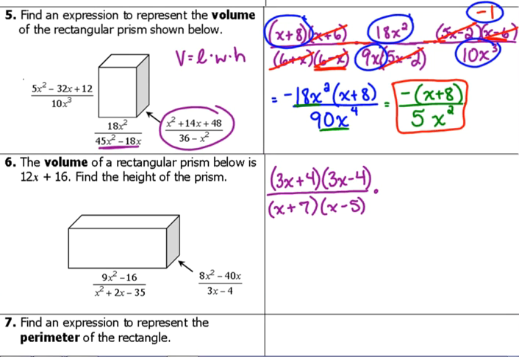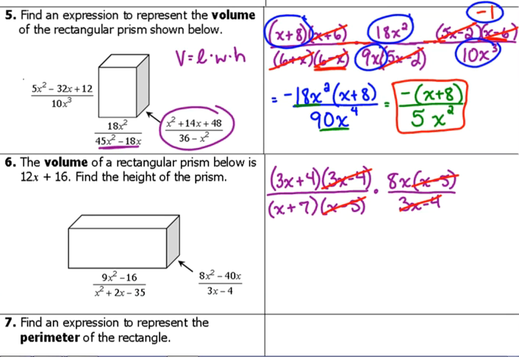The numerator has a GCF of 8x, so that leaves us with x minus 5. And the denominator is not factorable: 3x minus 4. So let's see here. What can we cancel? 3x minus 4, top and bottom. X minus 5, top and bottom. That's all that we can cancel.